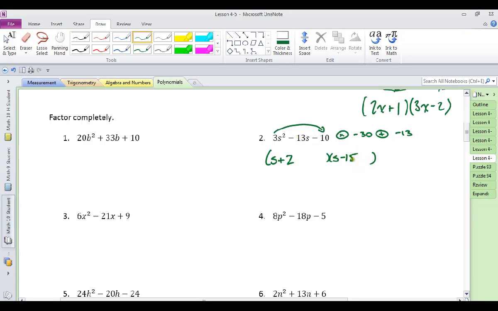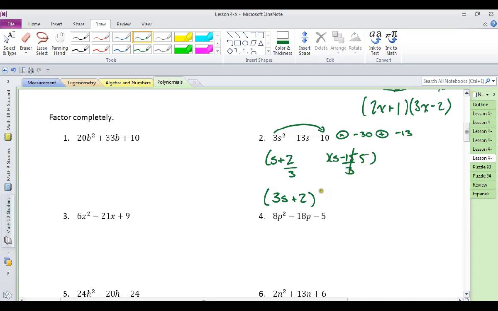Now what do I got to divide? The 3. Does that simplify? No. So where does the denominator go? To the front. 3s plus 2. Does that simplify? What is it? 5.